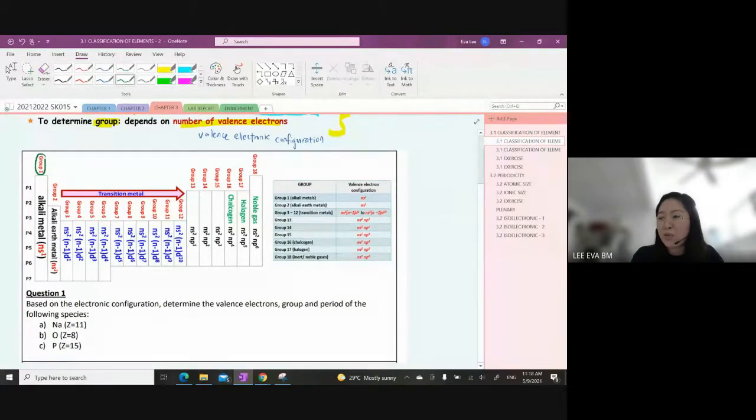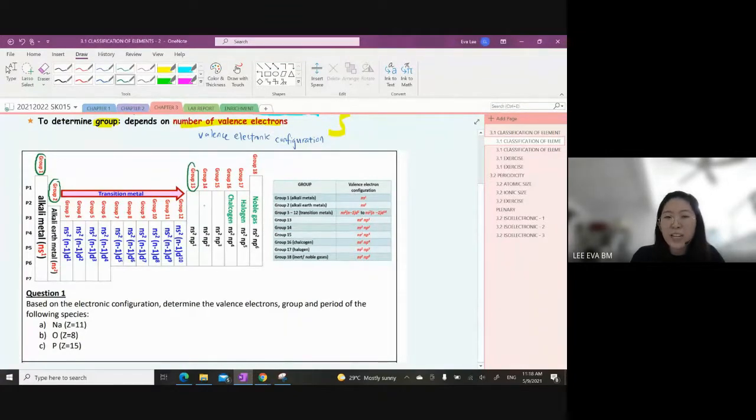A valence electron of 1 belongs to group 1. Group 2 is the alkaline earth metals. They have the valence electronic configuration of ns2, which means you have 2 valence electrons. Then let's look at group 13. Group 13 has the valence electronic configuration of ns2 np1. So 3 valence electrons belong to group 13.